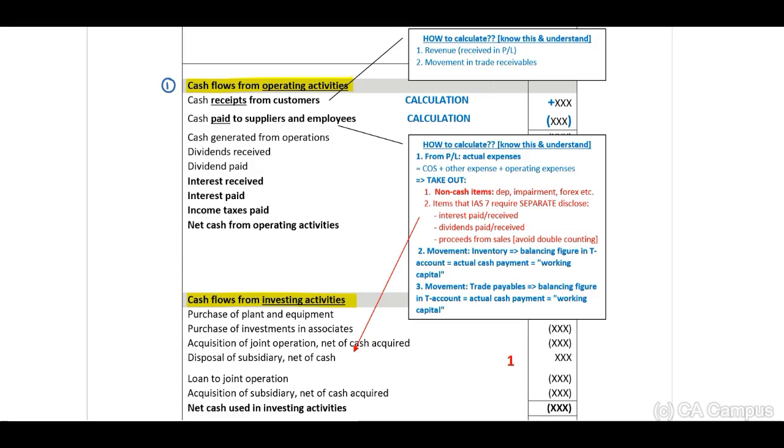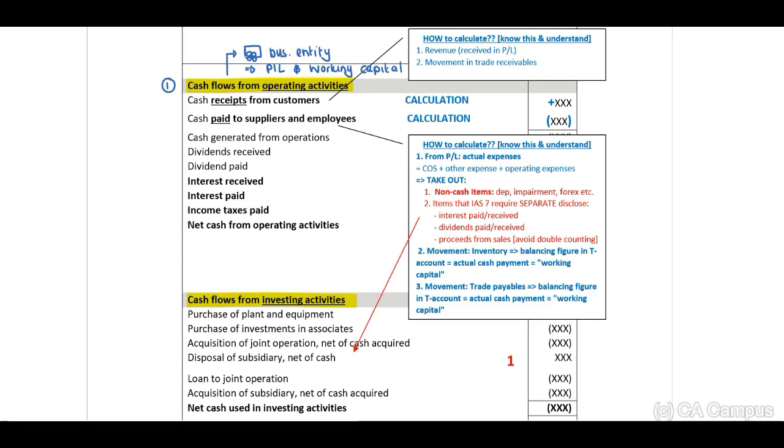Therefore, and this is important to understand, how much cash is generated by the actual business, the operations of an entity, is what we need to calculate. How do we calculate this? We will have to look at our profit and loss as well as our working capital. Now, we will look at working capital just now.